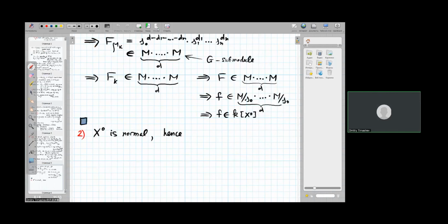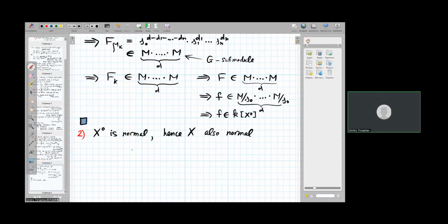So it is covered by normal open subsets, the G shifts of X naught, and hence it is also normal. Recall that we are constructing X as a simple embedding of my spherical homogeneous space Y naught. And one of the assumptions is normality. So we have to prove that X is normal. And we claim that it is the case.